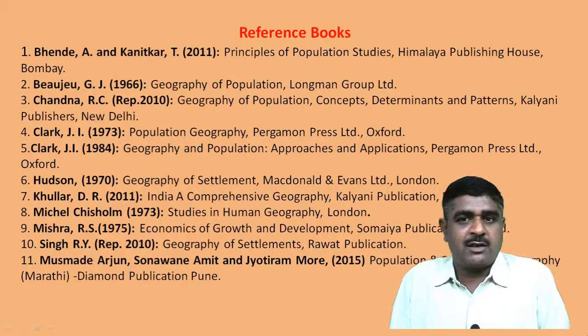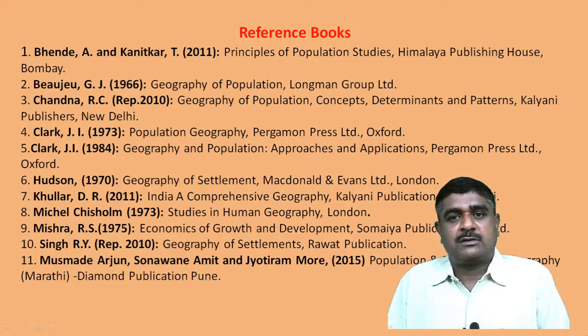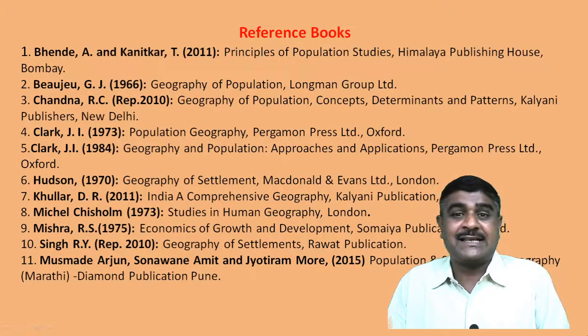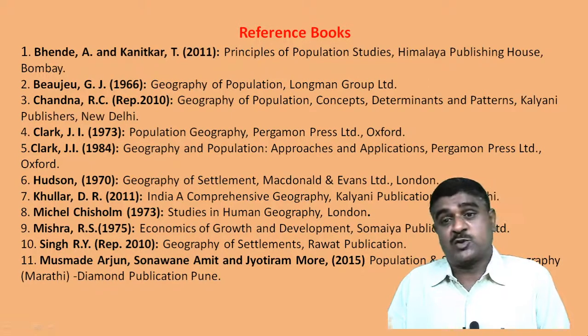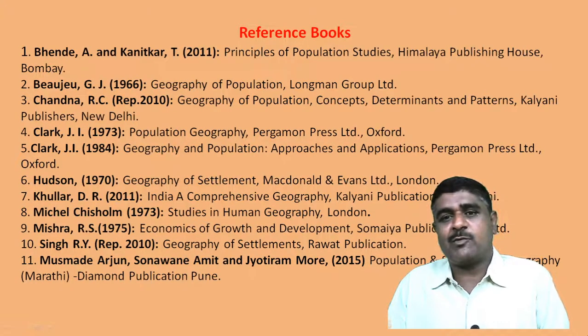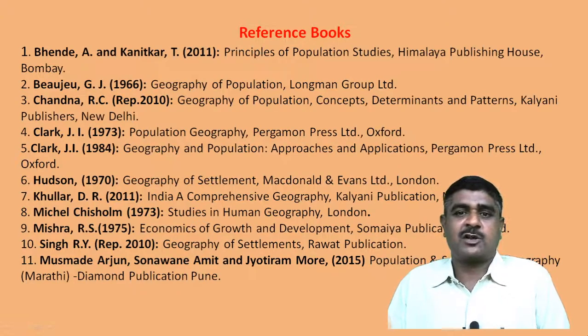Already I mentioned that the name of our course is Principles of Population and Settlement Geography. This course has 8 topics. Of these 8 topics, the first 5 are related to demography as well as population geography, and the remaining 3 topics are related to settlement geography.